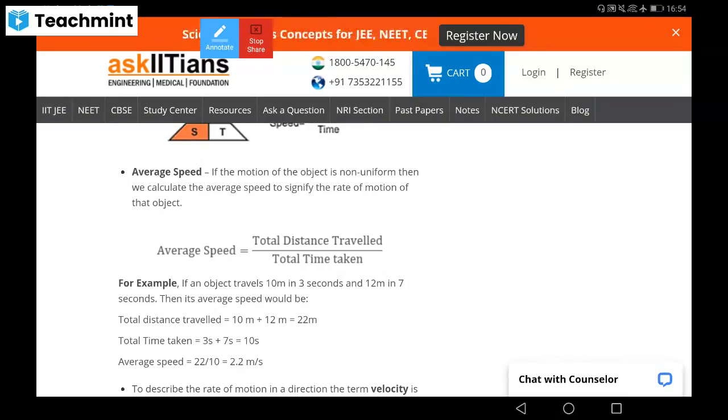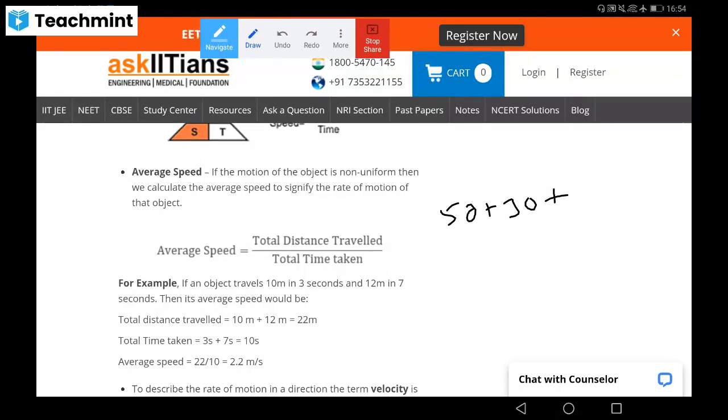If we have a uniform speed, 50, 50, 50, 50, it will always be constant, so the average speed also will be 50 only. But if the speed changes with respect to time, then we have to sum all the distance covered divided by the total time it has taken. Say it has taken 4 hours, so divided by 4.